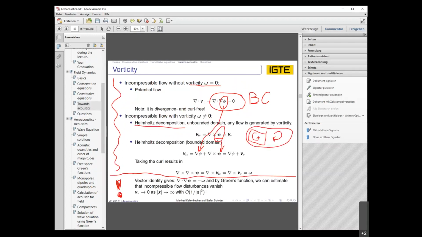Then we can use a vector identity and derive this equation as an approximation on convex domains, and we use Green's function. I heard that you don't know what a Green's function is. Is this correct?